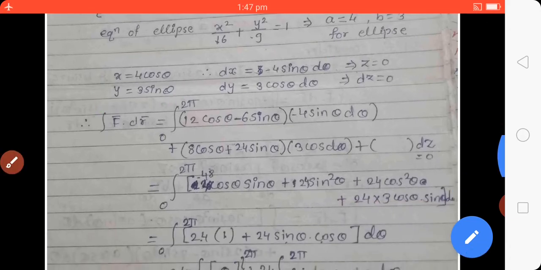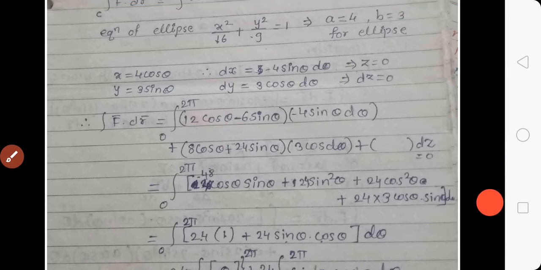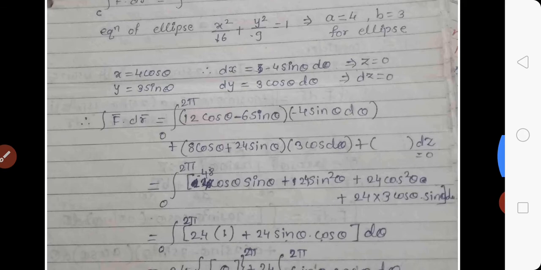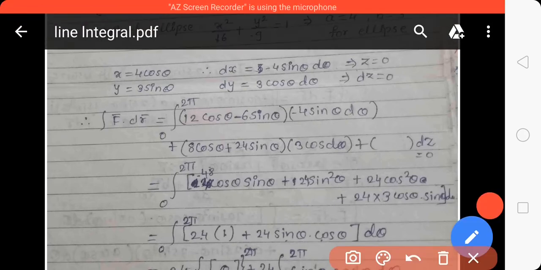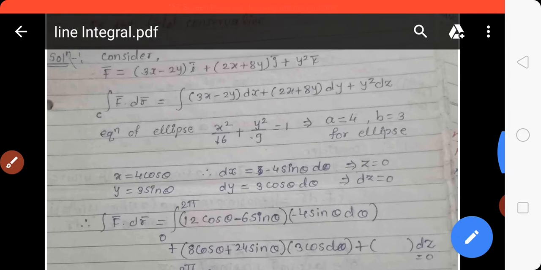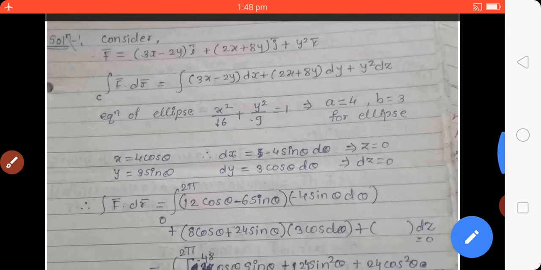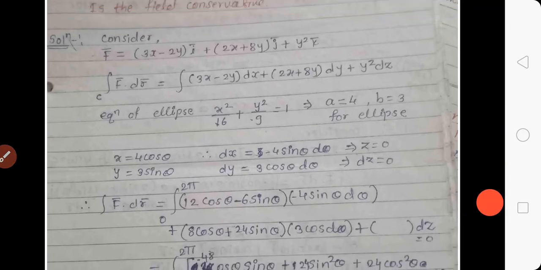Therefore here we get integration from 0 to 2 pi. We can substitute the values here. 3x minus 2y: substitute the values of x and y, we get 12 cos theta minus 6 sin theta into dx.